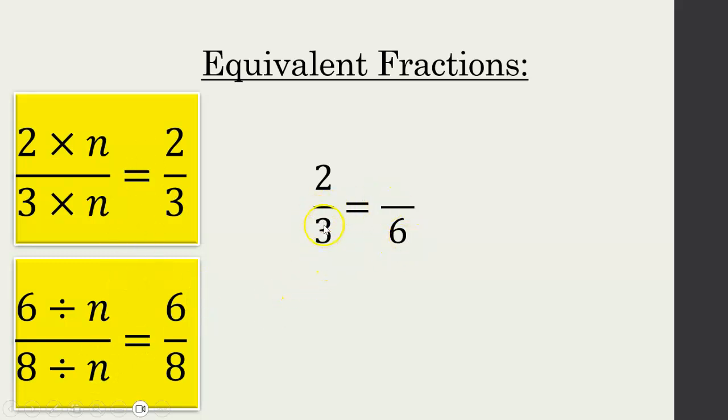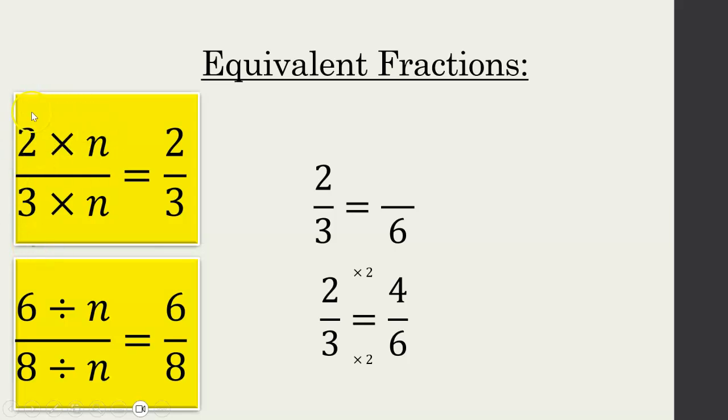Anyway, going back to this. 3, I want to get to 6. How would I do that? I can multiply it or I can divide 3. Those are A-okay. Well, if I multiply 3 by 2, I get 6. Well, remember, the rule is if I do something to the denominator, I have to do it to the numerator too.